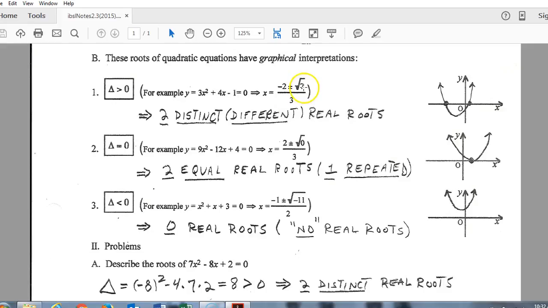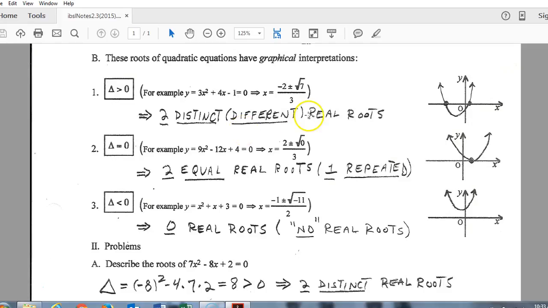But just the 7 right there is all we're concerned about for this section. That 7 would be the discriminant for this problem. Because it's positive, you would get two distinct different real roots. So these are two different roots compared to in the next one where you're going to see two equal roots.